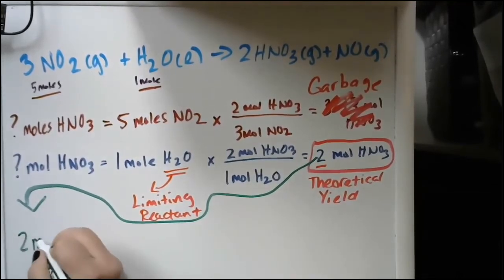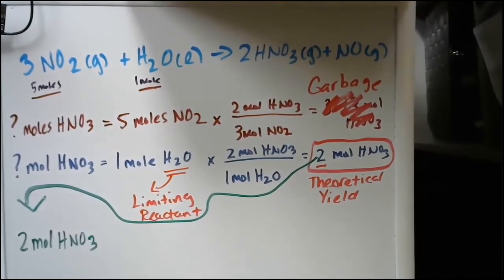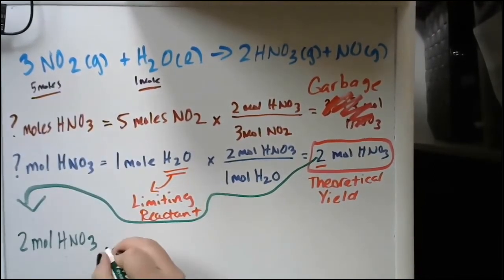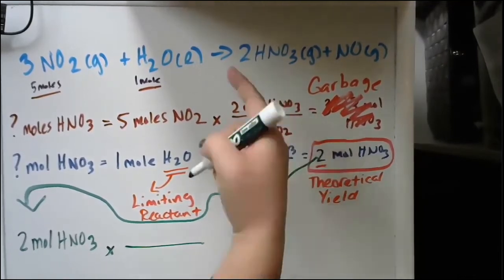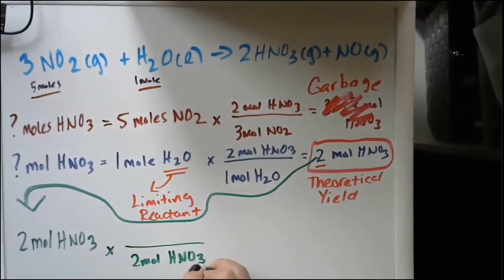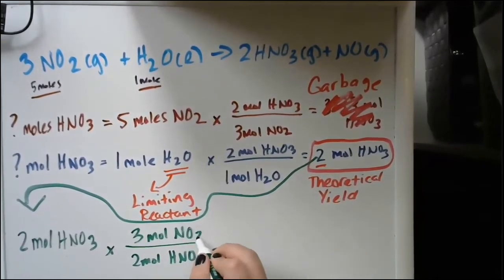Okay, so we are making 2 moles of HNO3. All right, now I have to figure out how much NO2 I used up to make this. So I'm going to look back at my balanced equation and say, well, for every 2 moles of HNO3, I needed 3 moles of NO2.